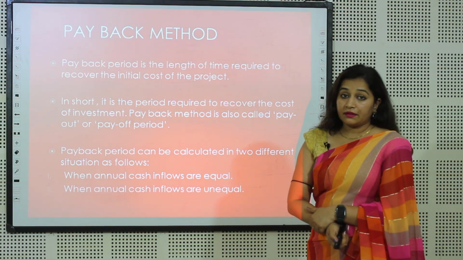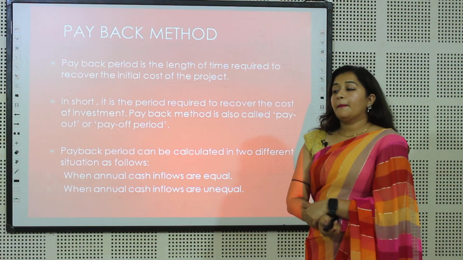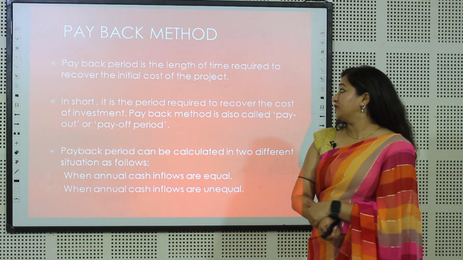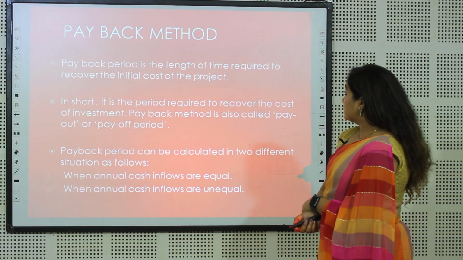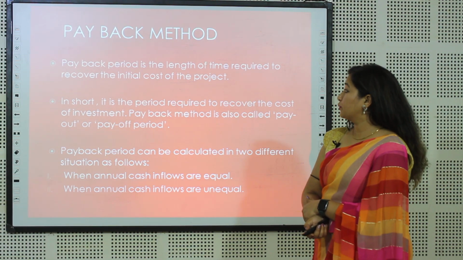Second important method is payback period method. This method is the most common and the old, traditional method of capital budgeting. Payback period is the length of time required to recover the initial cost of the project.